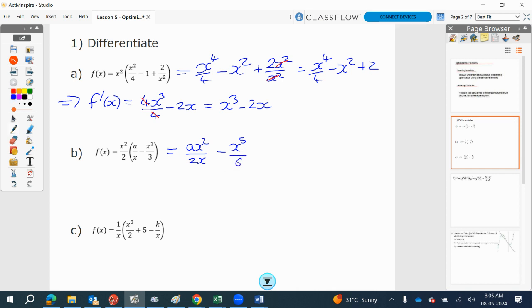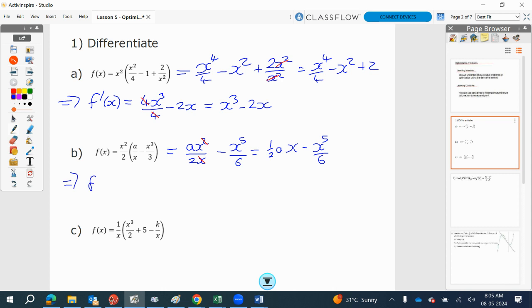This x here will cancel the 2 there. And that's going to give us a half ax minus x to the 5 over 6. You can write it like this as a half a, or you can write it as a over 2, or you can write it as ax over 2, all the same, all equal.